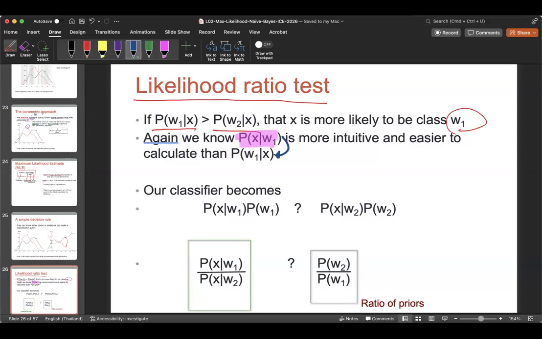So if we go that route of starting with X given W, our comparison becomes this. If we have this P, we have this comparison, and we can use Bayes rule.